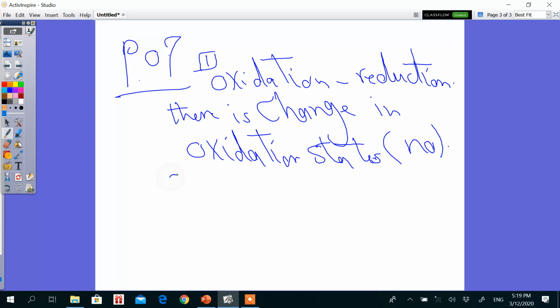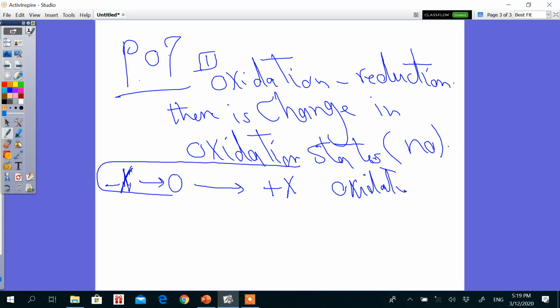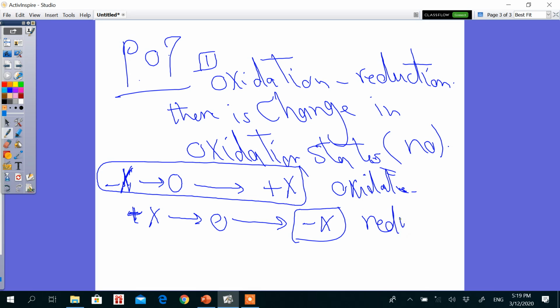If it is 0 and it changes into a positive value, it is oxidation. If it is negative x, changes into 0, and changes into positive x, it is oxidation, because the oxidation state increases. If an element has oxidation value positive x and becomes 0 or becomes negative x, it is a reduction for the element.